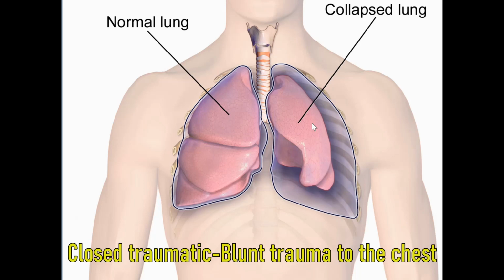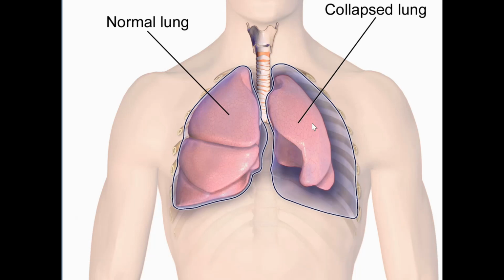There is no open wound, but there is a blunt trauma to the chest. For example, when a person falls from a height, it can cause a fracture and injury to the pleural membrane. Air accumulates, causing pneumothorax. How is pneumothorax diagnosed? By chest x-ray and by CT scan of the chest.